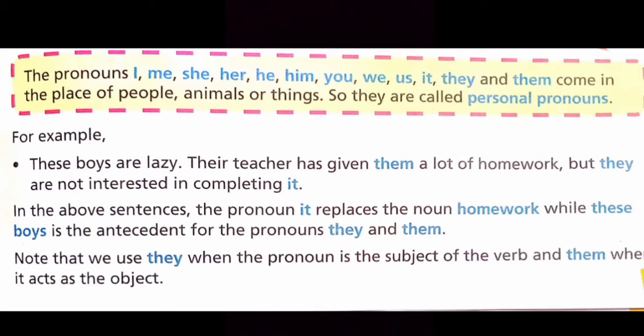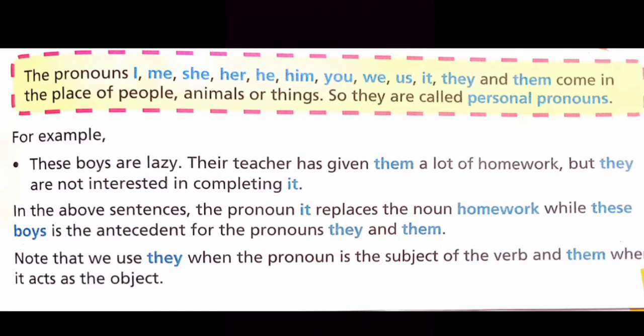For example, these boys are lazy. Their teacher has given them a lot of homework, but they are not interested in completing it.